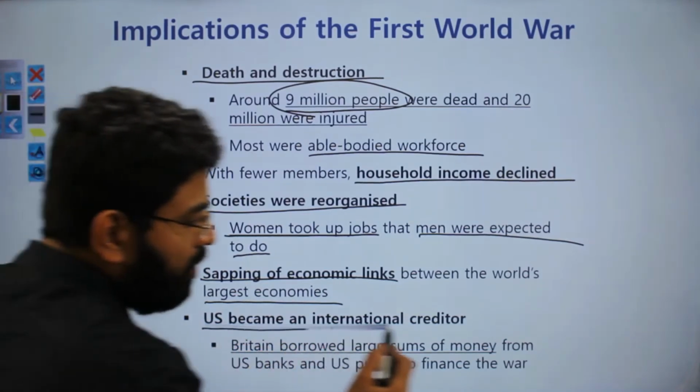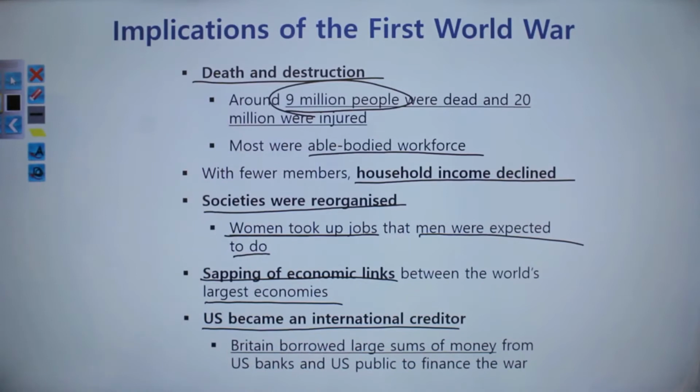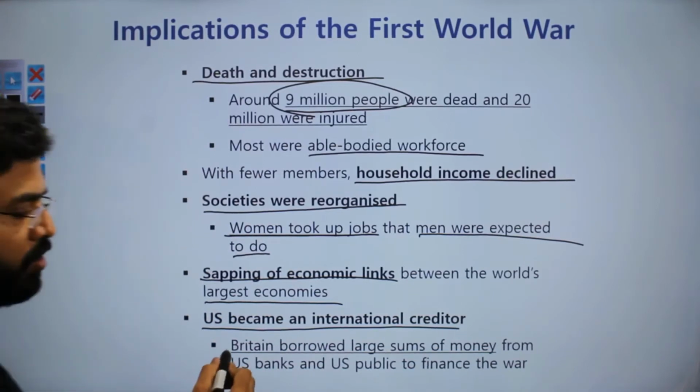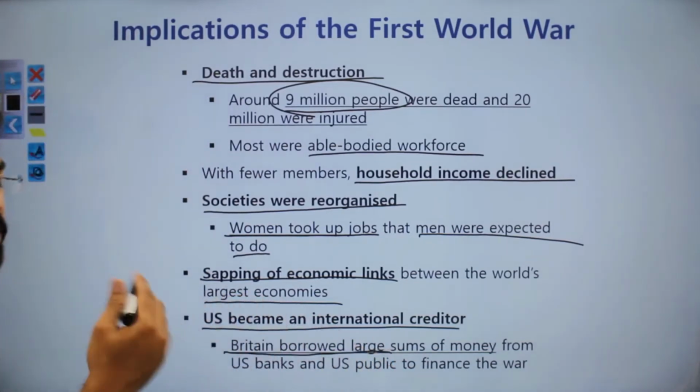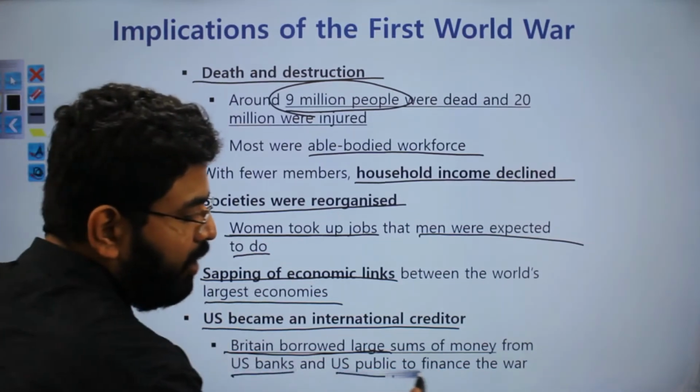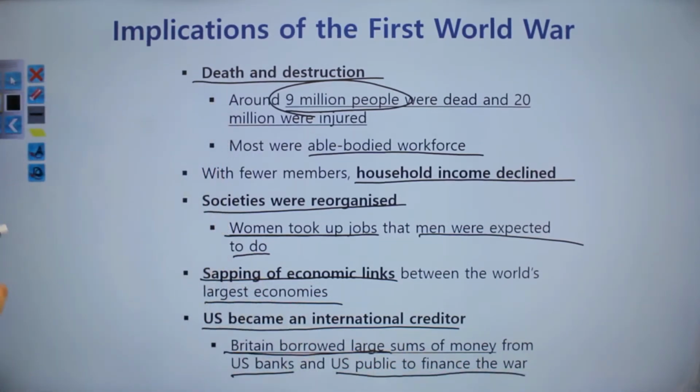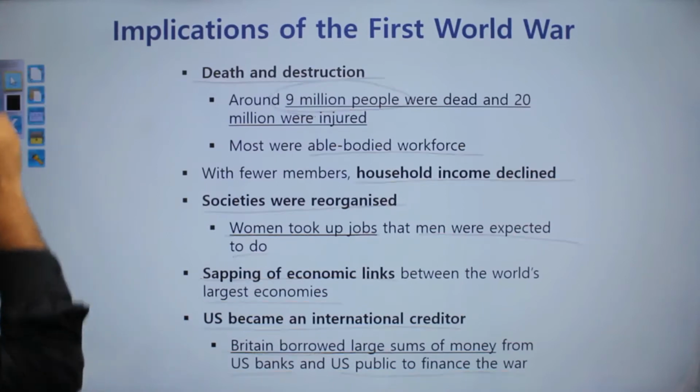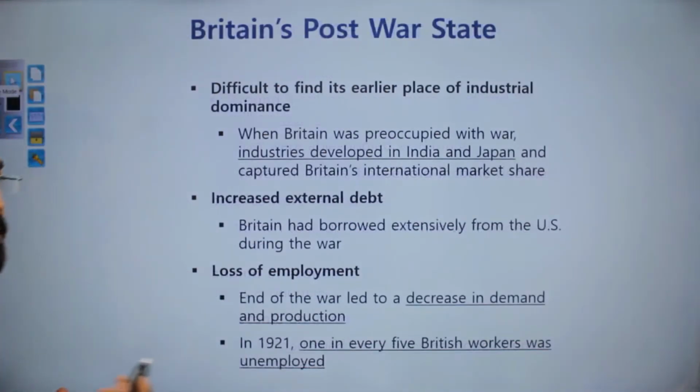The US, on the other hand, became an international creditor because it supported Britain through large sums of money from the US banks and the US public, because Britain had to finance this huge war that they fought for 5 years.